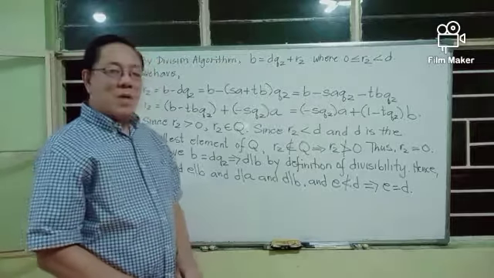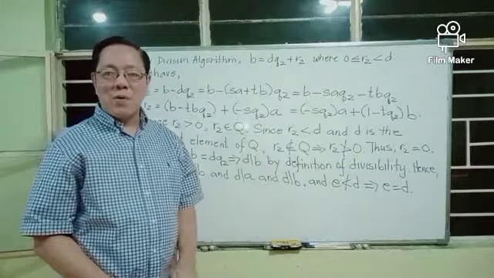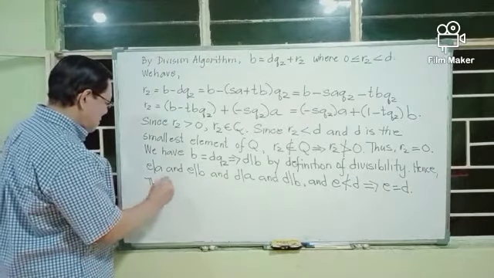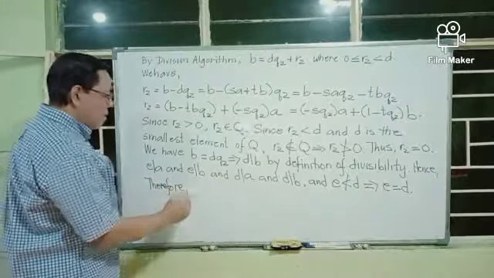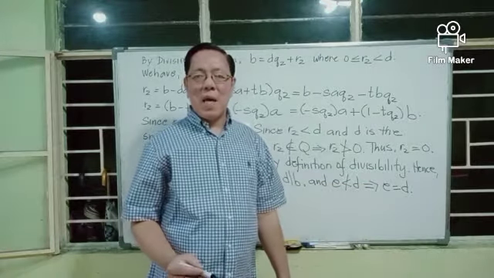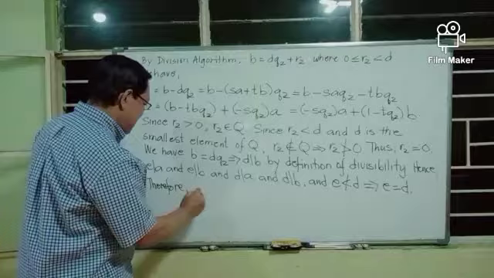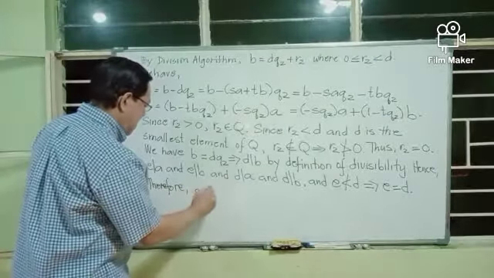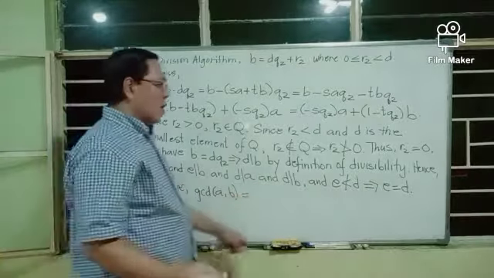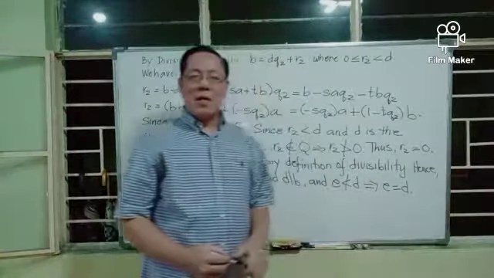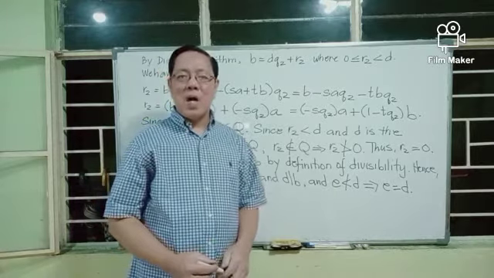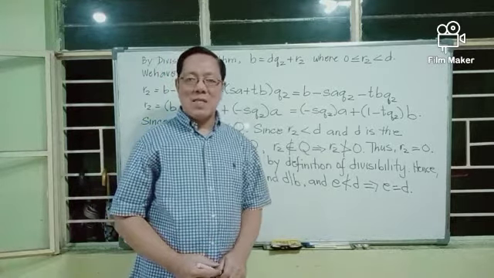And because E is equal to D, we therefore conclude that E, the greatest common divisor of A and B, equals D, and earlier we wrote D as the linear combination of A and B of the form SA plus TB.